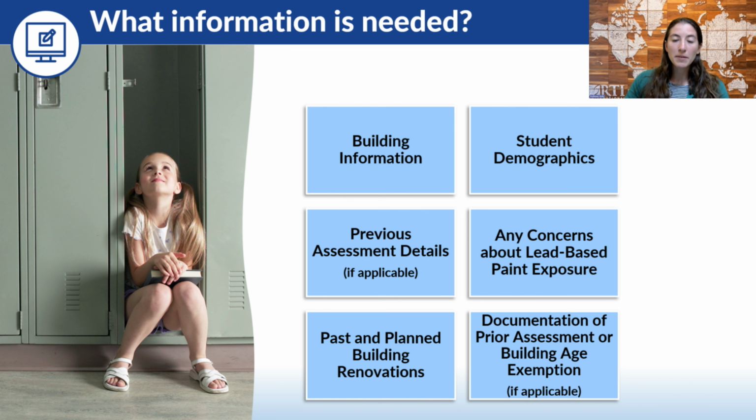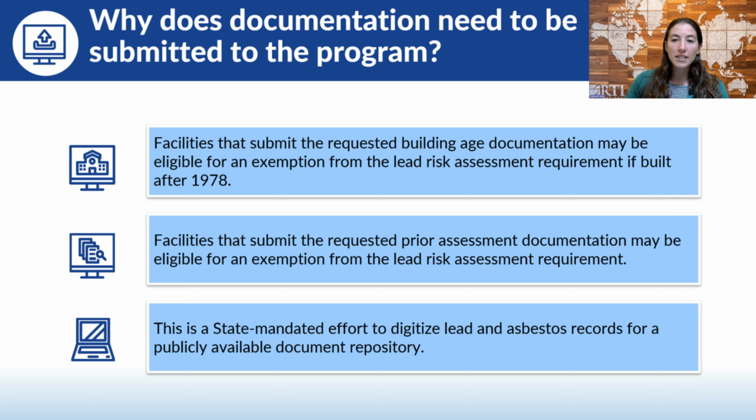Exemption documentation must be submitted to RTI for a facility to be eligible for an exemption from an on-site assessment. Facilities that were built after 1978 may be exempt if the child care facility operator or operator's designee can sign an attestation that no lead-based paint was used in the buildings. Facilities may also be exempt if they provide documentation of a lead risk assessment conducted within the past 3 years.